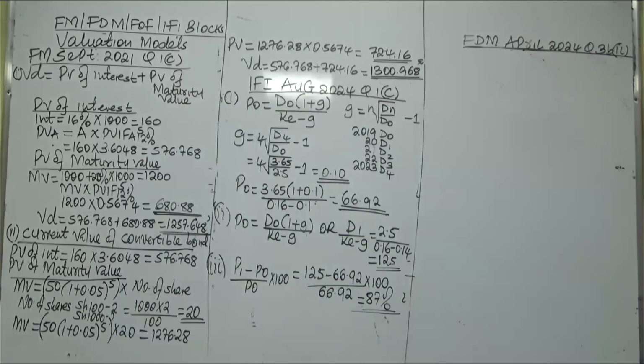Jackson Kill was offered a 10-year 6% coupon bond of shillings 1,000 par value, at a price of 900. You are required to find the rate of return on the bond.